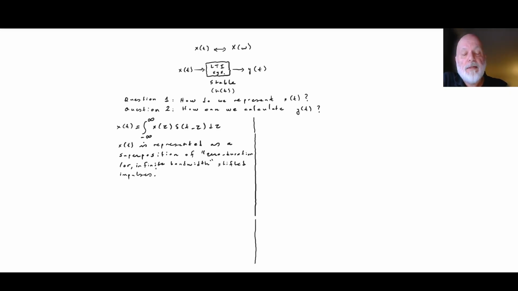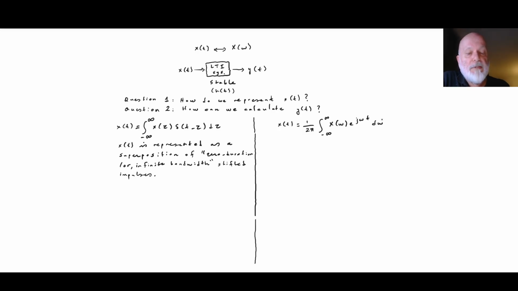Okay, this is one representation that we use very frequently in signal theory. The other representation is x of t is equal to 1 over 2 pi from minus infinity to plus infinity x of omega e to j omega t integrated with respect to omega. This is in fact the inverse Fourier transform expression or the synthesis equation in Fourier transform.